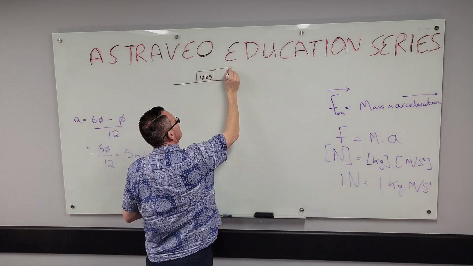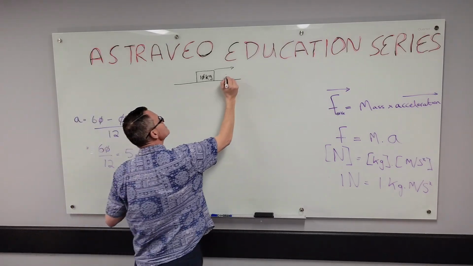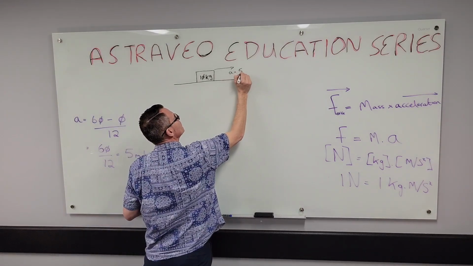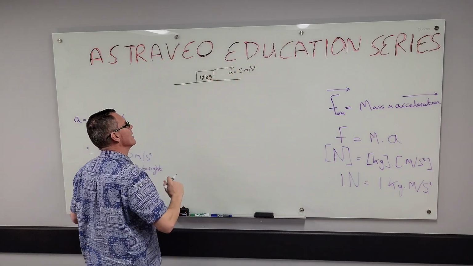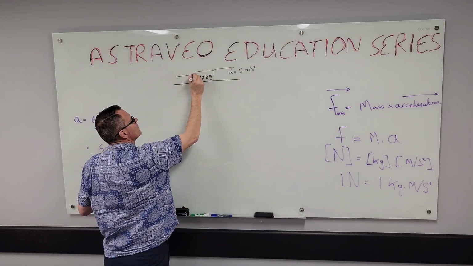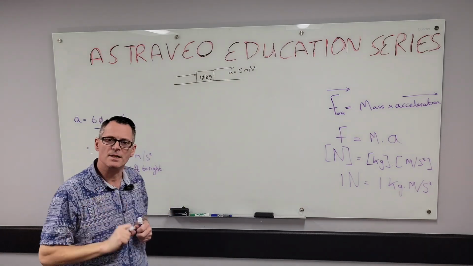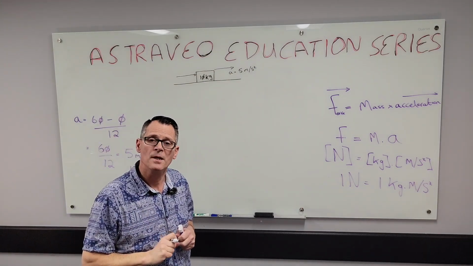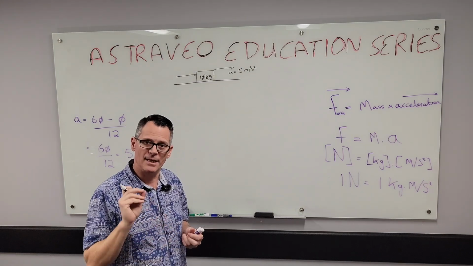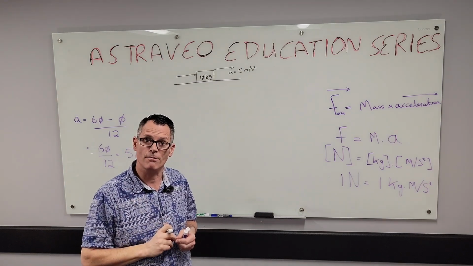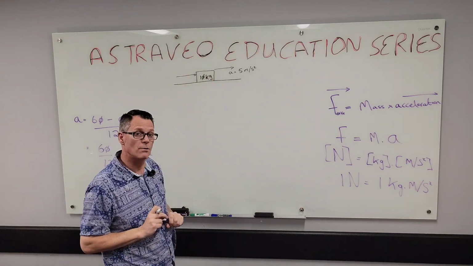We defined the acceleration left to right. The block ends up moving with an acceleration of 5 meters per second squared. There's the vector, left to right. That means the force must also be left to right, because that's one of the conditions of Newton's second law. The force is directly proportional to the acceleration of an object, and the acceleration is in the same direction as the force applied. So if the acceleration is left to right, the force is also left to right.